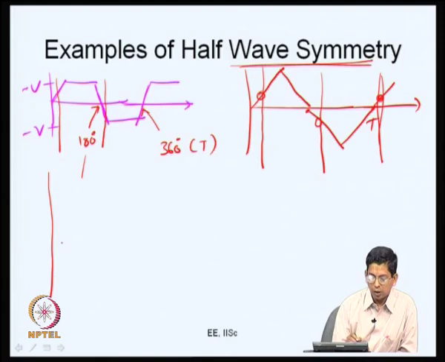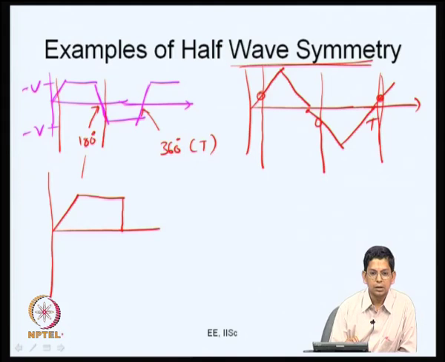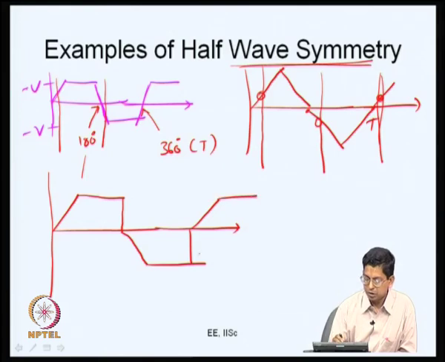Let me give you one more example. Let us say there is a waveform whose signal rises like this and then it is flat. Now, it falls down, and from here it takes this shape. This is T, this is T by 2.